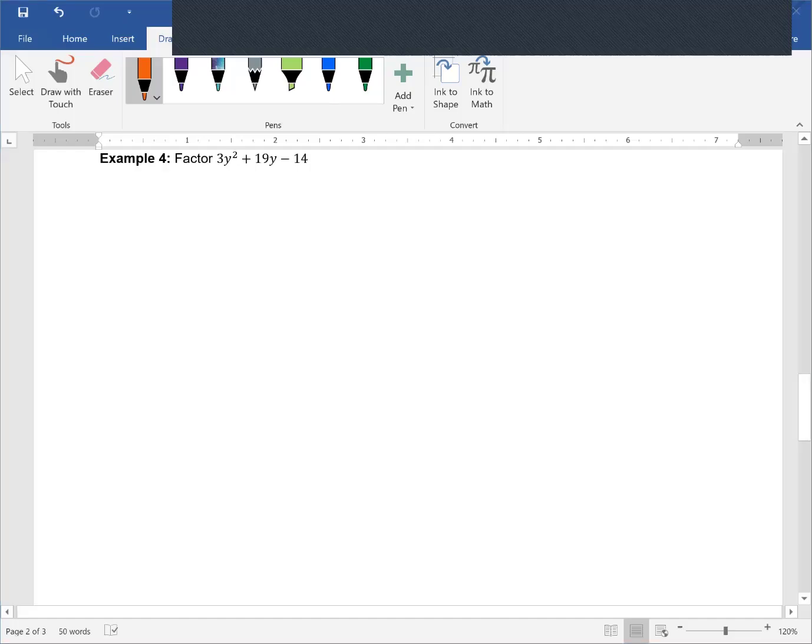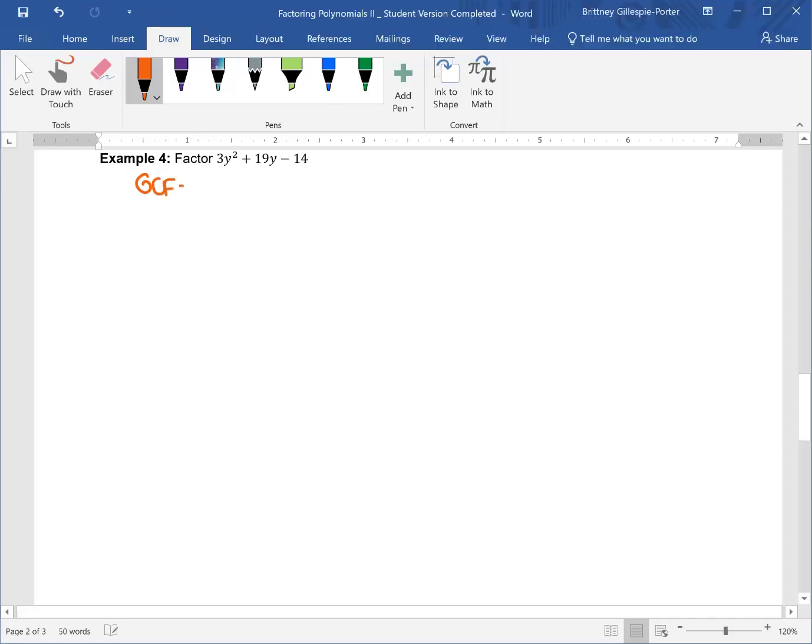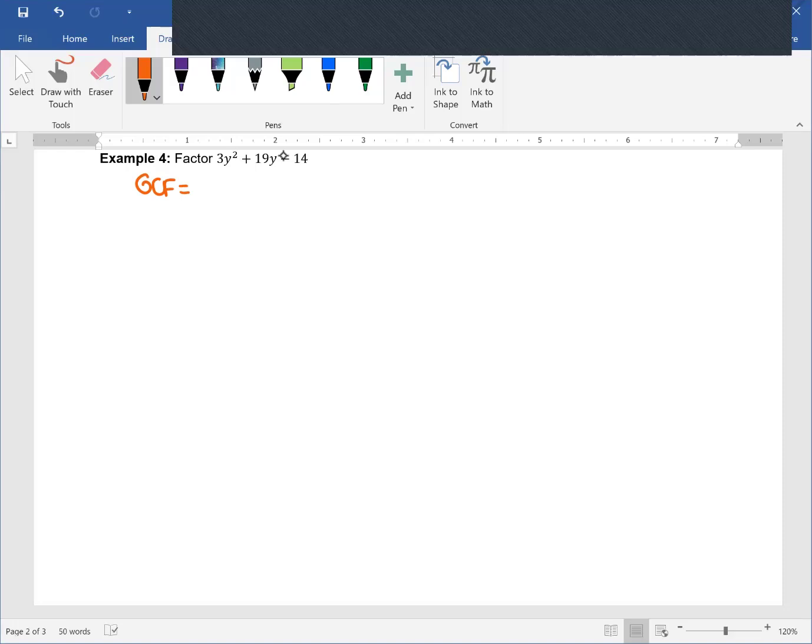We have 3y squared plus 19y minus 14. So looking for a GCF, our smallest number is a 3, but 19 is not divisible by 3. It gets us a decimal.